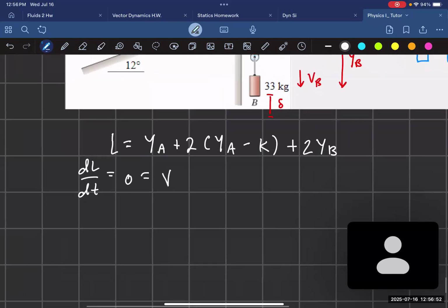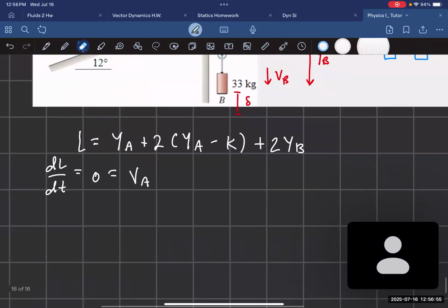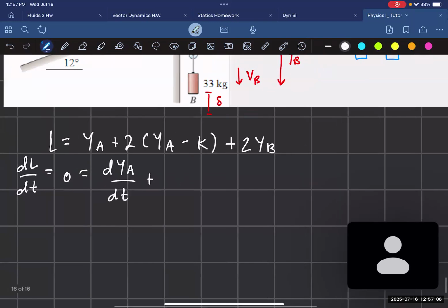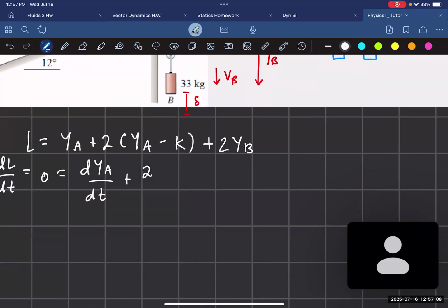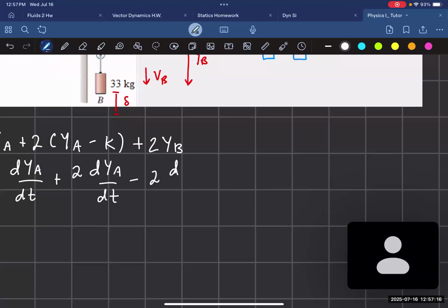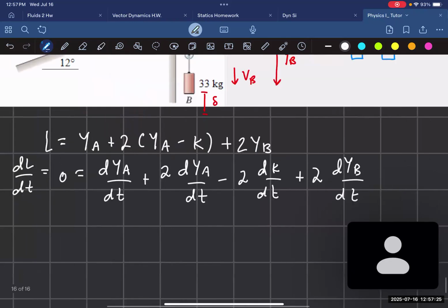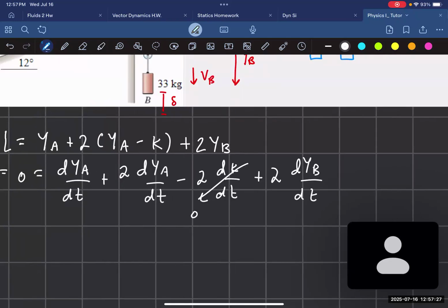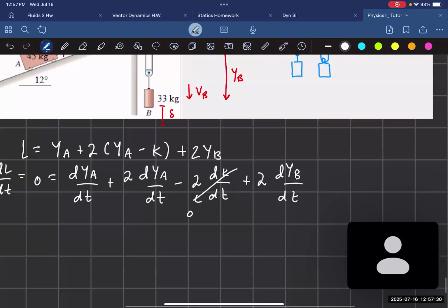We get velocity of A plus, expanding that, or let's try the expanded version so you can see: derivative of the position of A with respect to time, plus 2 times the derivative of position YA with respect to time, minus 2 times the derivative of the constant K with respect to time, plus 2 dYB/dt. The constant does not change with respect to time, so that goes to 0, right?